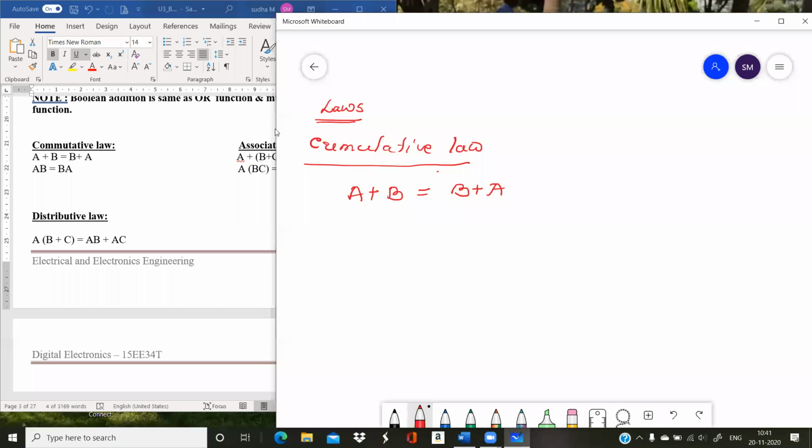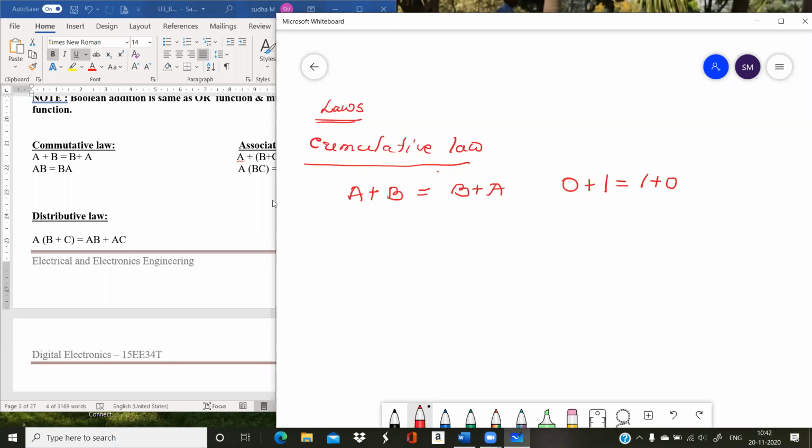One example: 0 plus 1, where 0 is the value assigned to variable A and 1 is the value assigned to variable B. This is also equal to 1 plus 0, right? Very simple, isn't it? 1 plus 0 is also equal to 0 plus 1. Both will yield the same result.